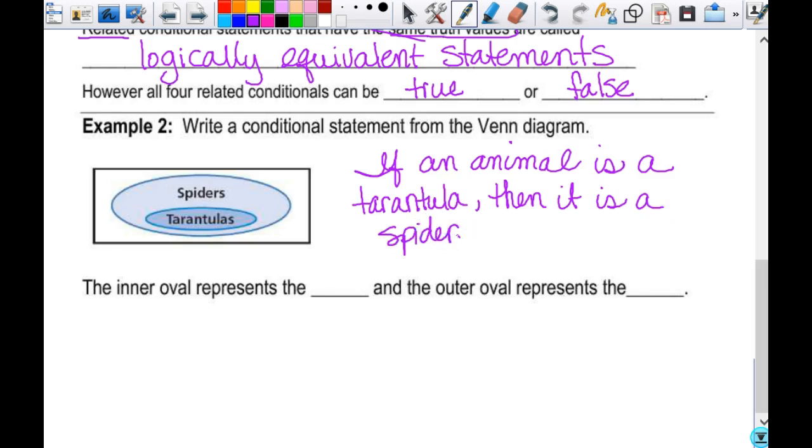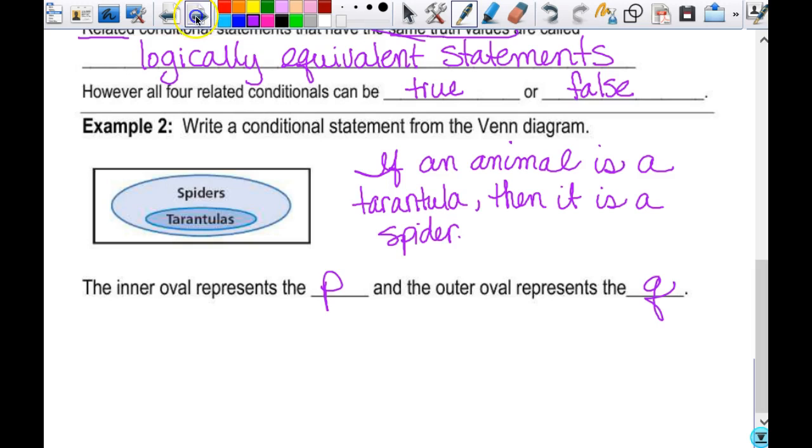Okay? If an animal is a tarantula, then it is a spider. Everybody good with that? So the inner oval represents the P, the outer oval represents the Q. Okay, we good?